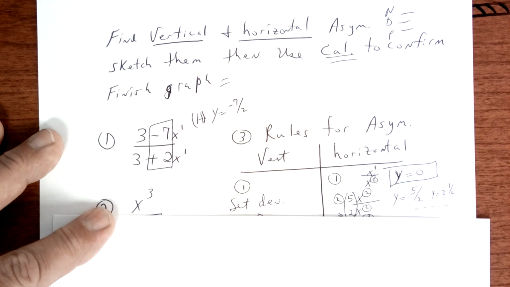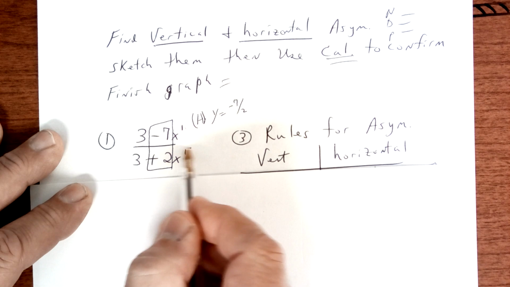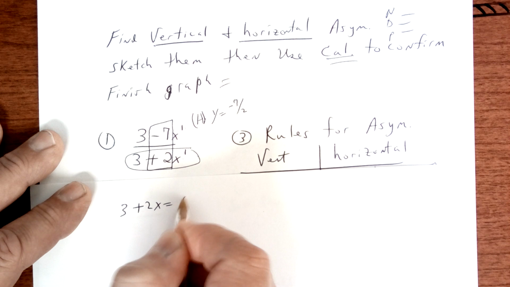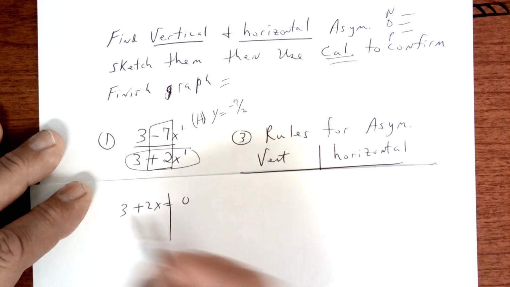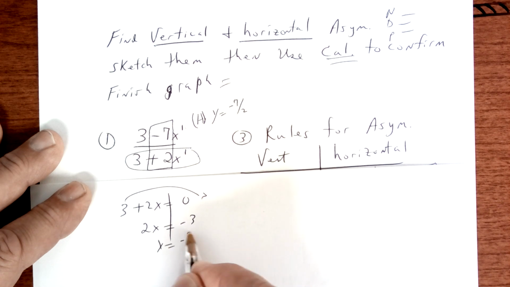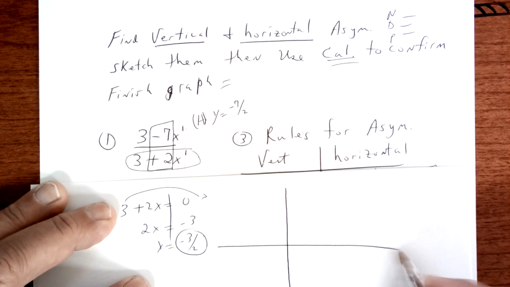To find the vertical asymptote, you're going to set your denominator equal to 0. And then you're going to solve that. So you're going to move that over, and then you're going to divide by 2. And there it is. So sketch the graph. So this is your x.